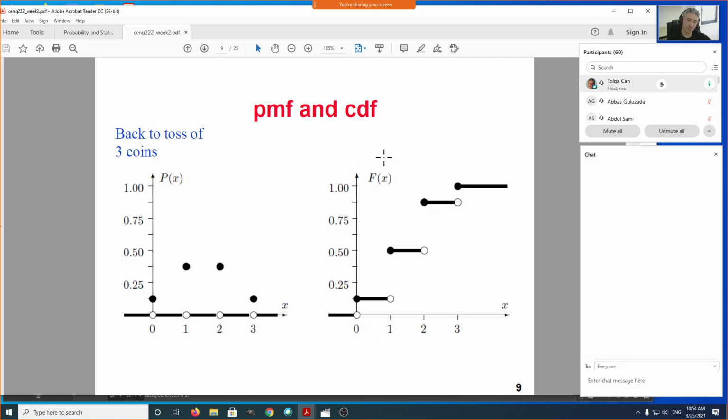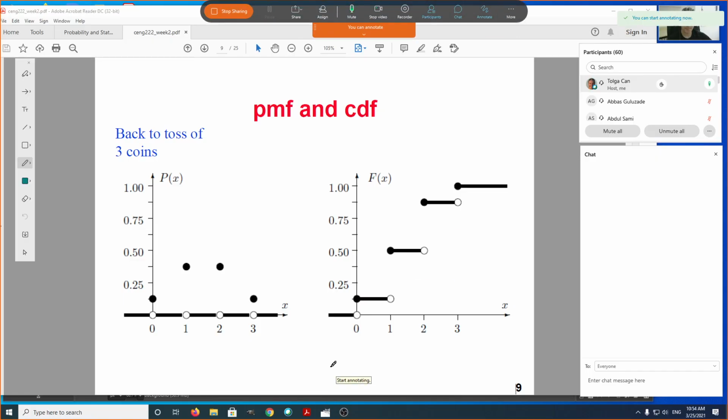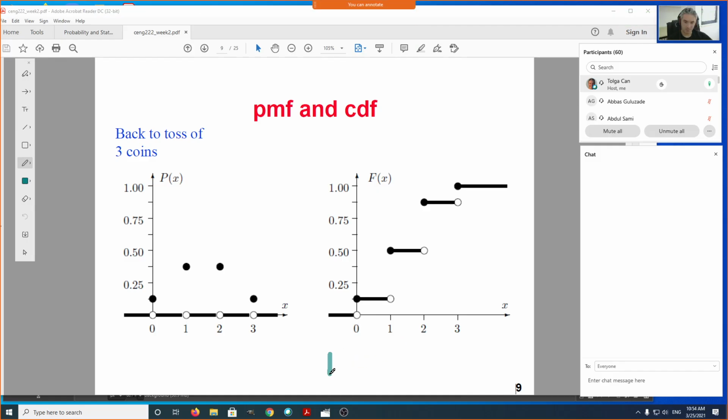If you look at our cumulative distribution function, the probability to obtain 0 or less heads was 1/8, right? So we start at 1/8 at exactly 0 here. Let me annotate the capital F(0) here.